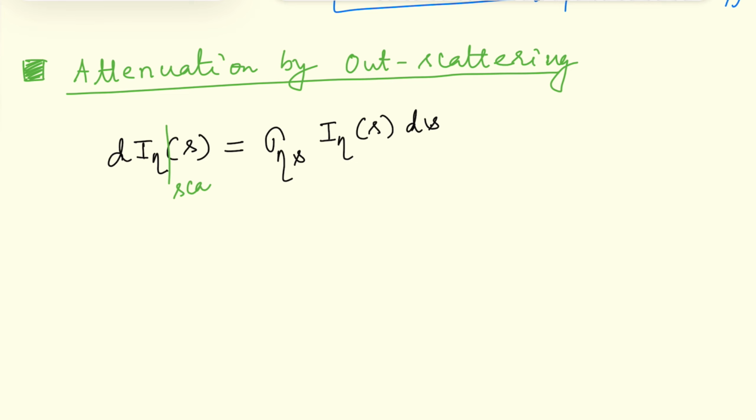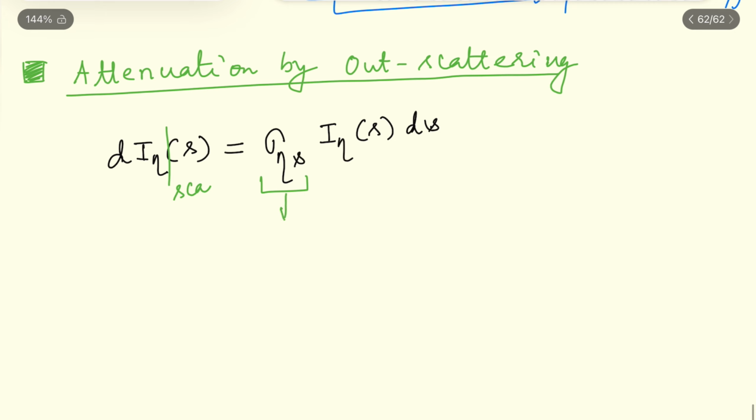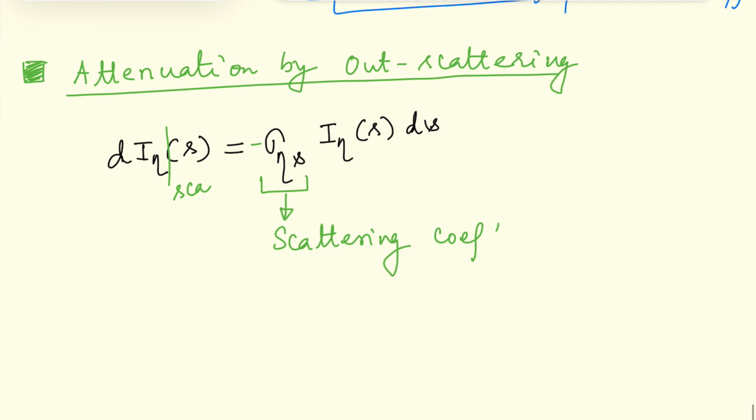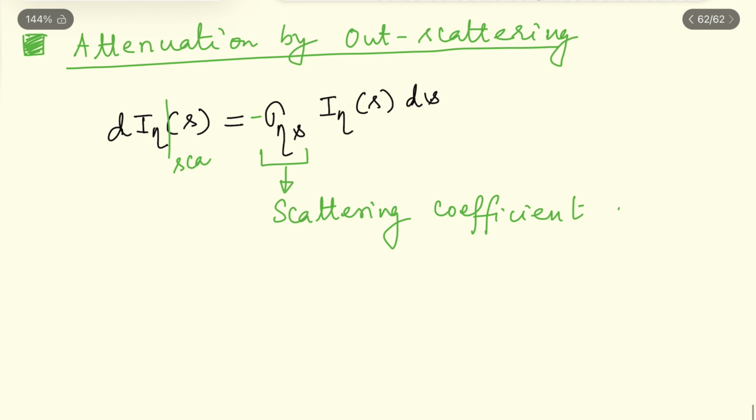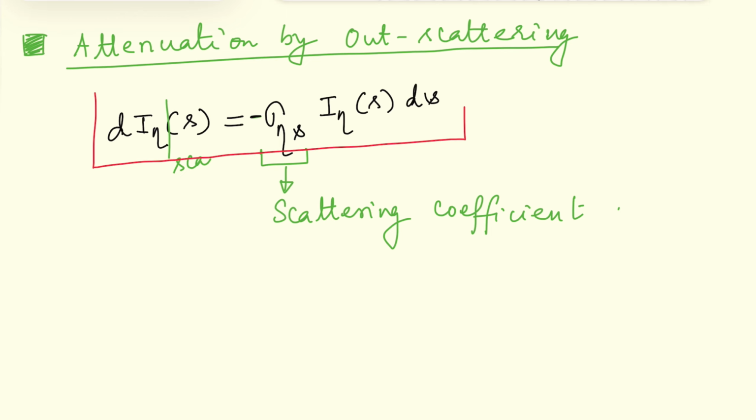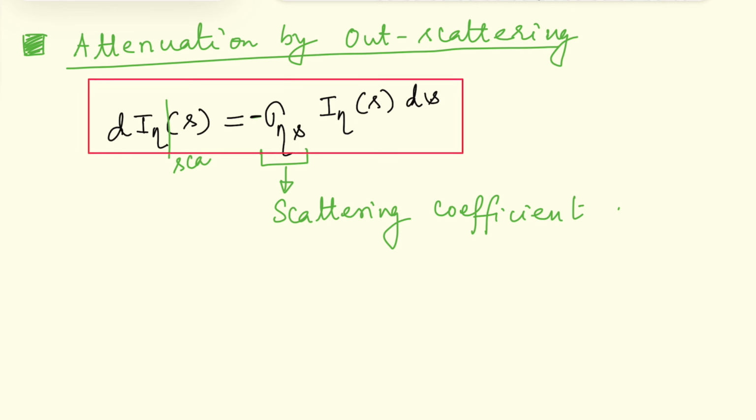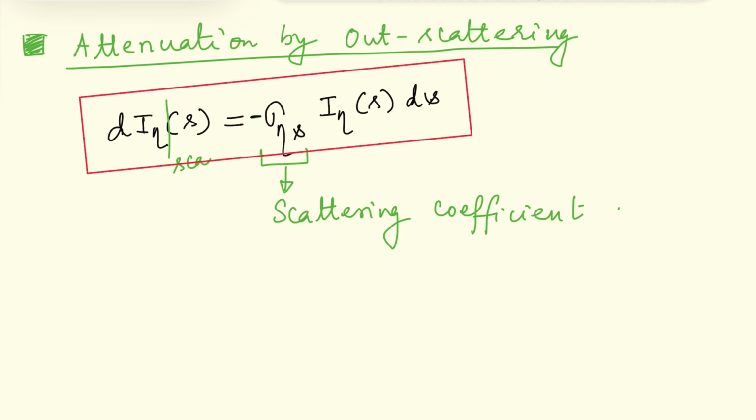This is again nothing but the scattering coefficient or out-scattering coefficient. Obviously there will be a minus sign. Again, this is also a very important equation, so I name this B.